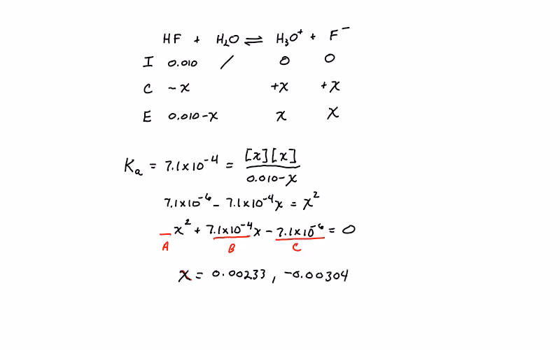Now, whichever one we choose is going to have to plug in to these values here. We know that it cannot be a negative number because that would mean our concentration of hydronium would be a negative number. So that rules that out. So this is our answer.